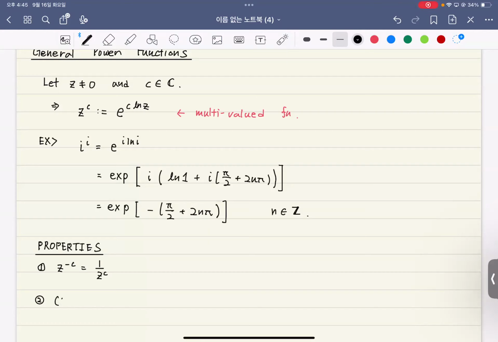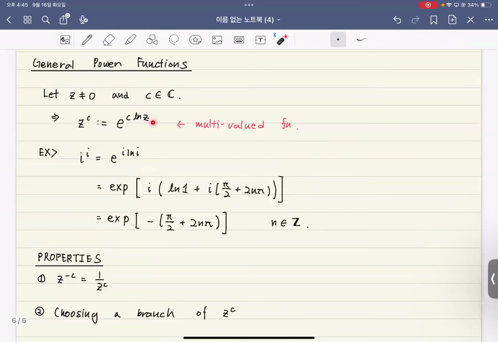And if you choose a branch of the general power function, choosing a branch means you choose a branch of this natural log function. If you choose the branch of this natural log function, that is the same as choosing the branch of this general power function.